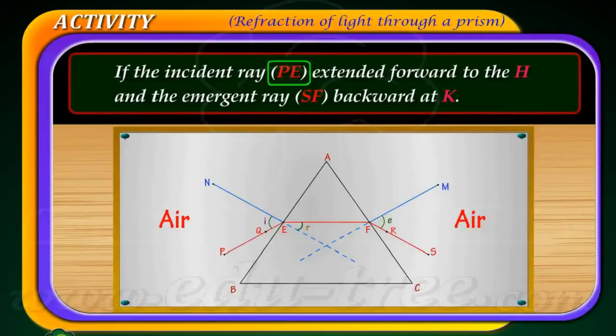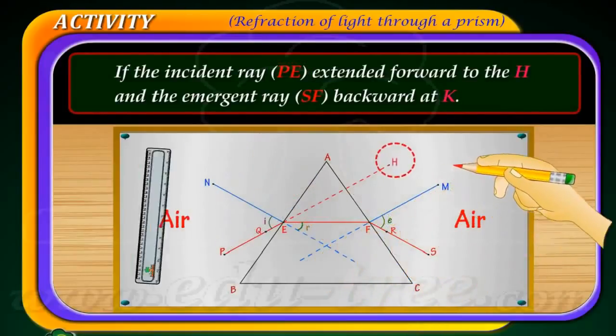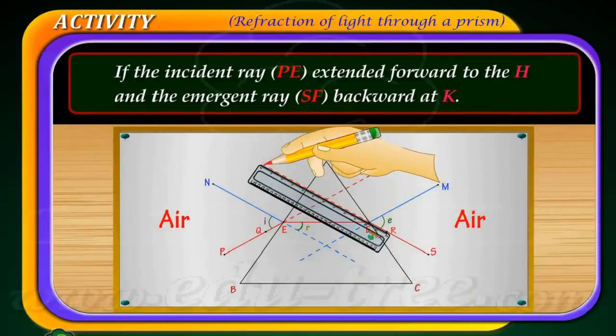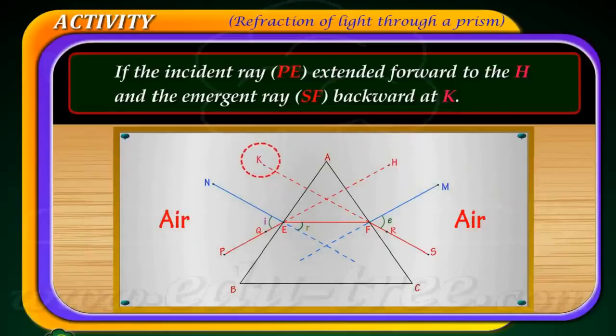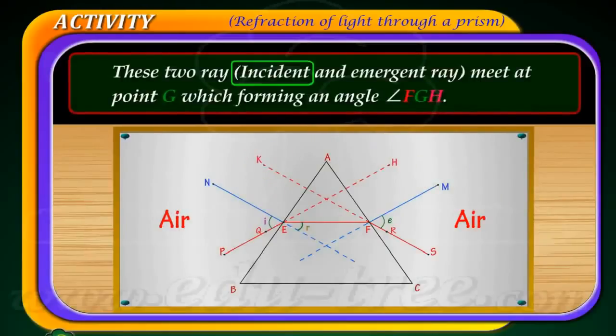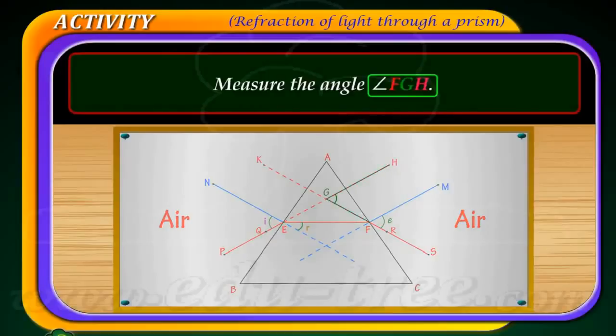If the incident ray PE is extended forward to H, and the emergent ray SF backward to K, these two rays, incident and emergent, meet at point G, forming an angle FGH. Measure the angle FGH.